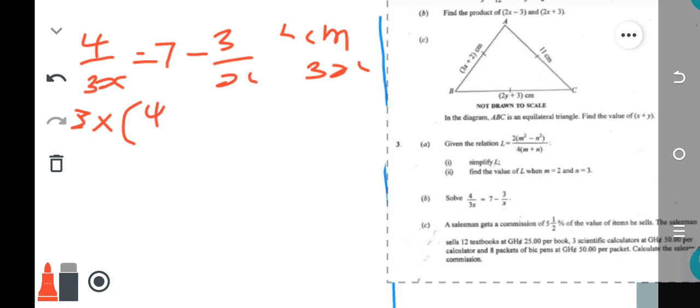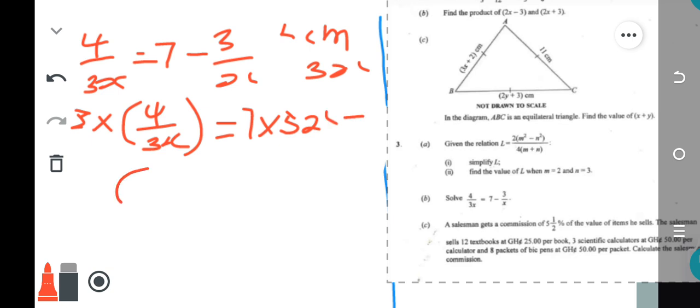So we're going to have 3x multiplying 4 over 3x, equal to 7 times 3x, minus 3 over x times 3x.